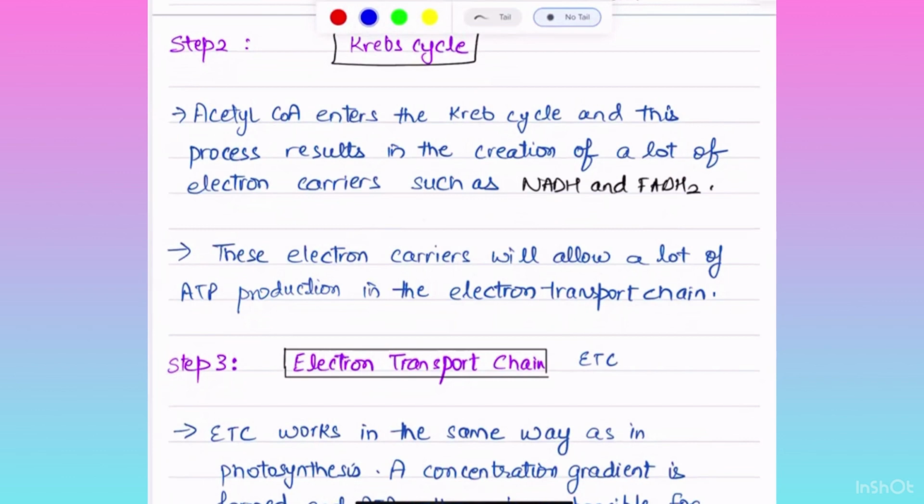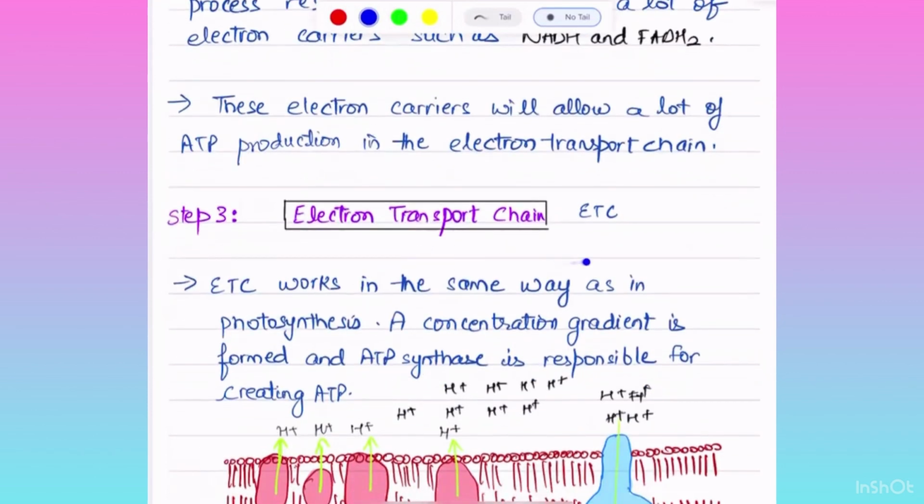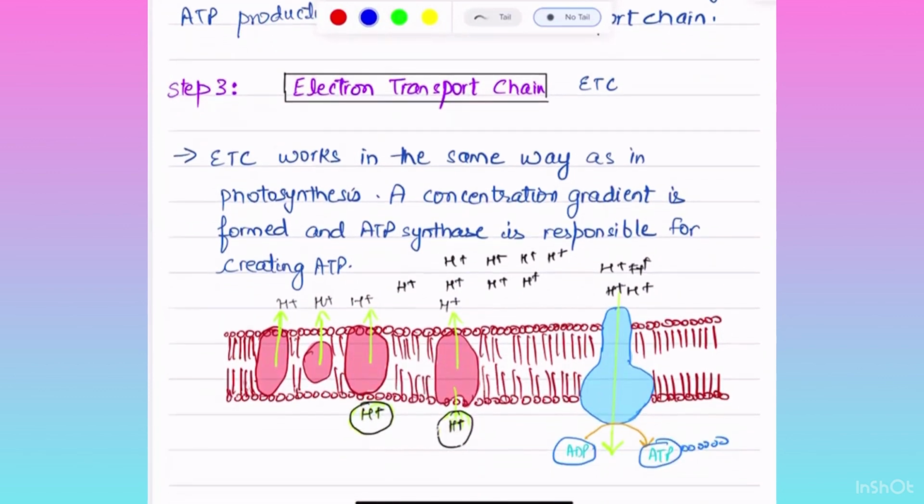Because ATP is the energy currency, assume that ATP is US dollars, but NADH and FADH2 are foreign currencies. We need to convert these foreign currencies into our own currency, US dollars, so that we can use them inside our body. With the help of the electron transport chain, we convert NADH and FADH2 into ATP, so that they can be used by the body to do work.